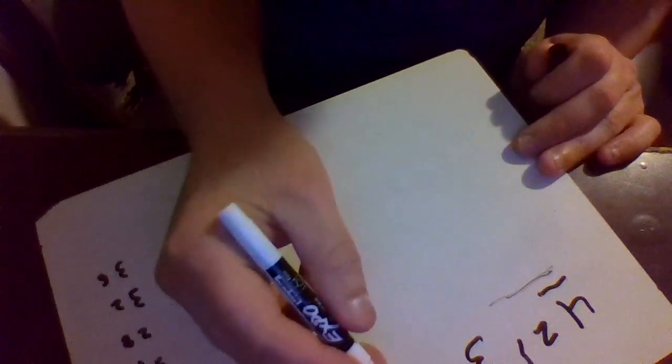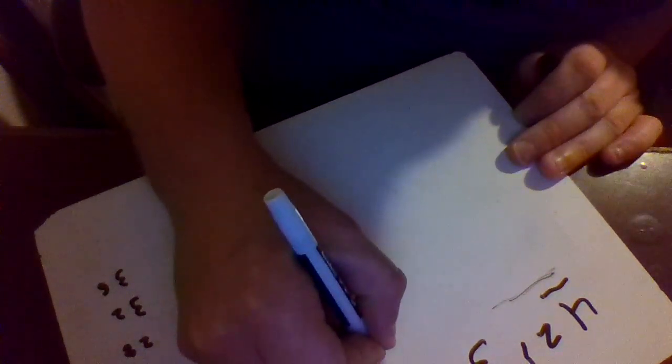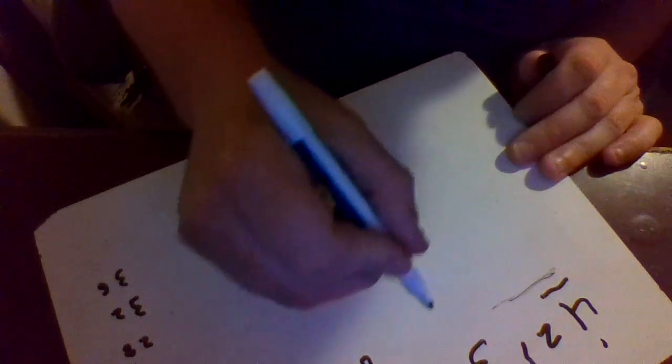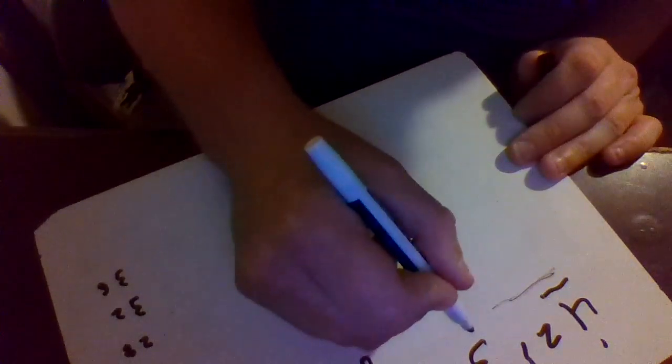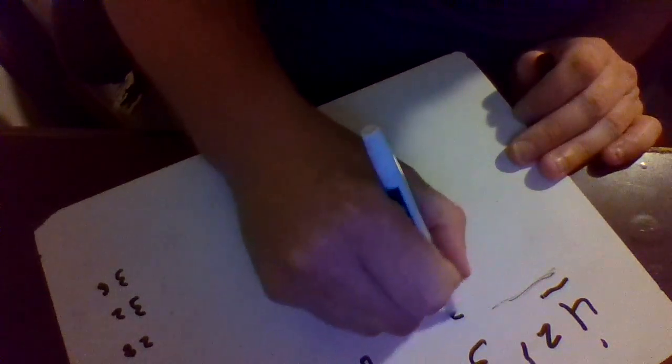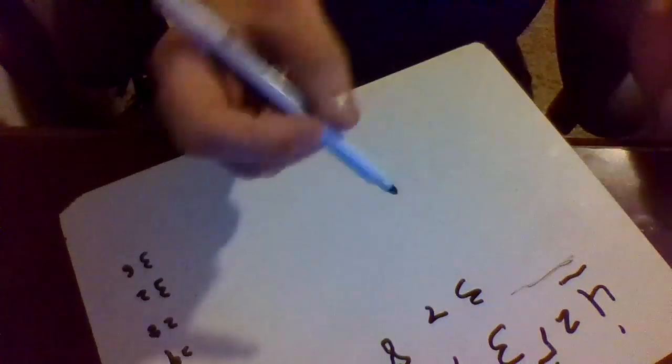So now we do 9 times 42. 9 times 2 is 18. Carry your 1. And 9 times 4 is 36, plus 1 is 37. Now, the bottom number is bigger than the top, so we can't do that.